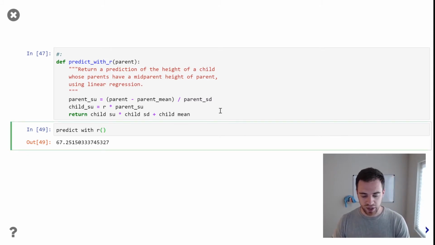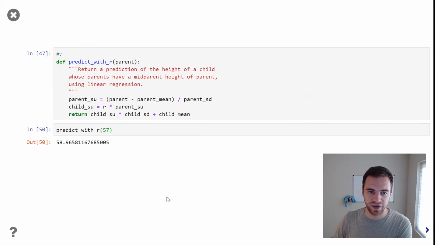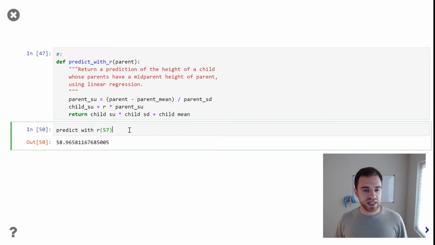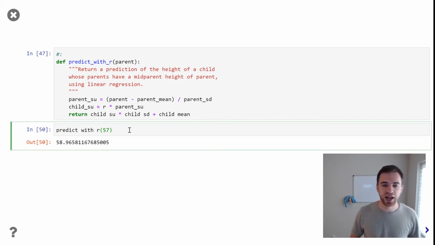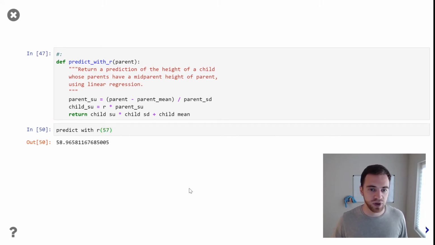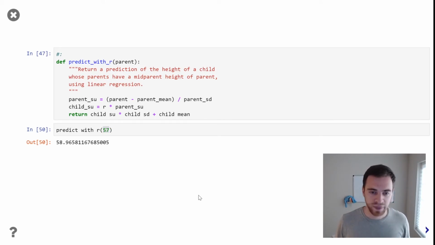One thing to note here, by the way, is this a discussion question? Okay, I'll make this an impromptu discussion question. I plugged in 57 as the input, and I got 58.9 as the output. I could make this an exam question, for instance. I could tell you nothing about the data. I could just say the mid-parent height is 57, here's the output. Is 57 in standard units positive or negative?